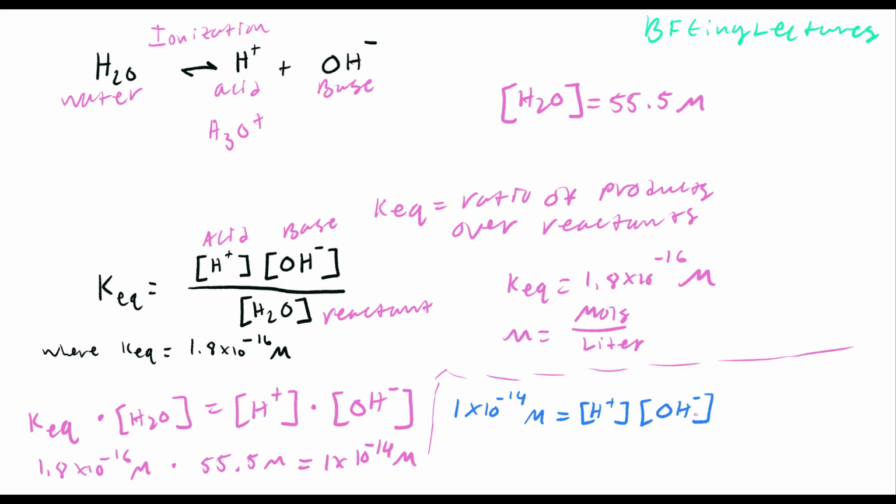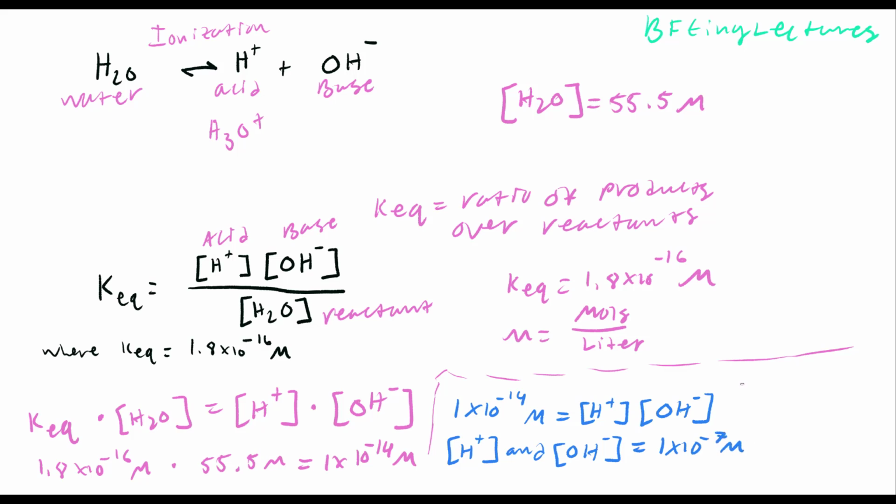And we can actually divide it. This is some elementary stuff, right? If we divide this number by 2, we get that H plus and OH negative are equal to about 1 times 10 to the negative 7.